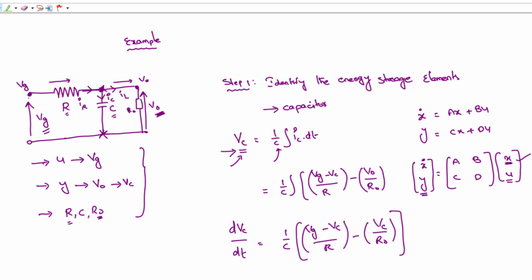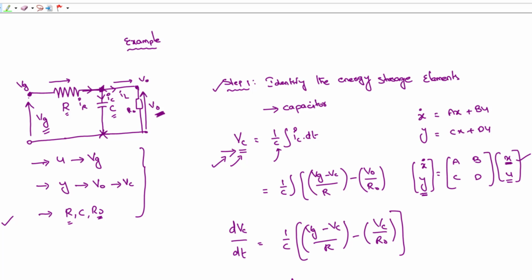So first of all, step 1, identify the energy storage element. Once you identify the energy storage element, step 2, identify the parameters. Step 3, find out the energy storage element equations, convert that into the known form and then segregate.